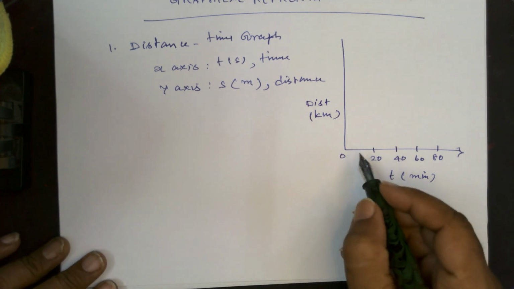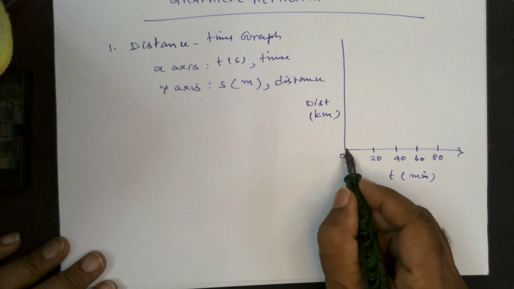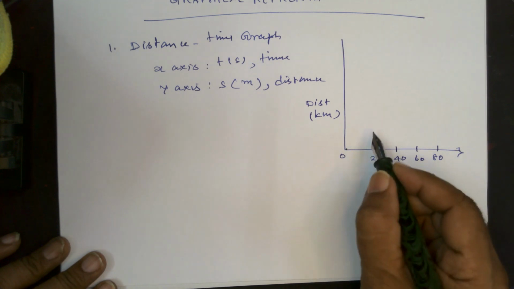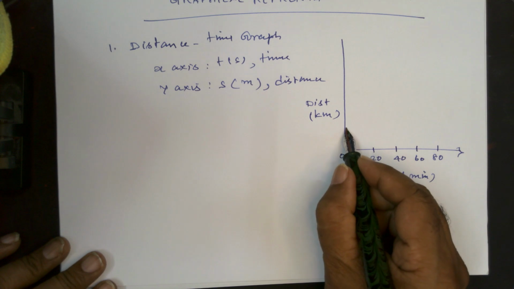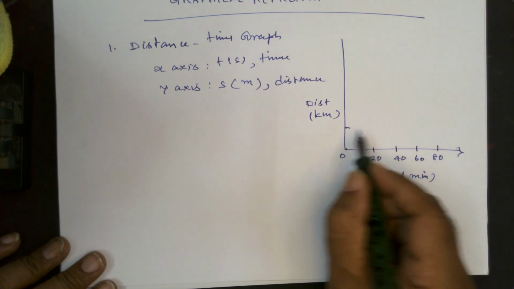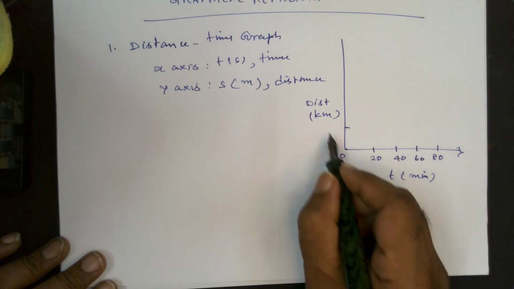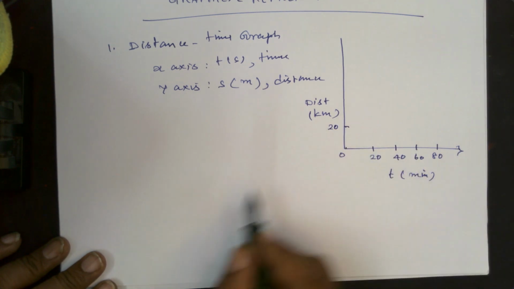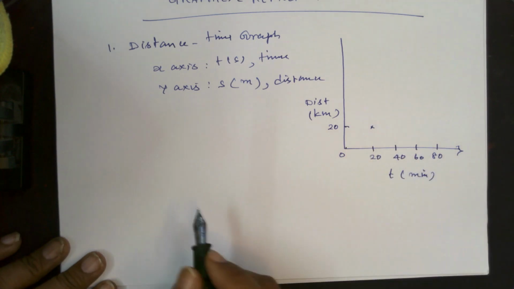Now let me consider a man is traveling at uniform speed like this. In 20 minutes he travels, say, about 20 kilometer, let us mark like this.